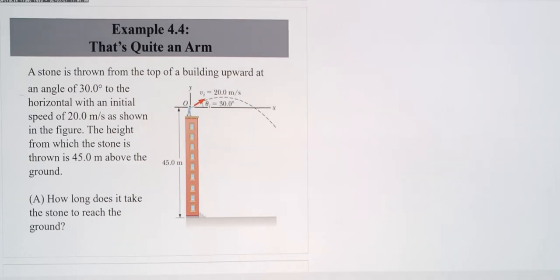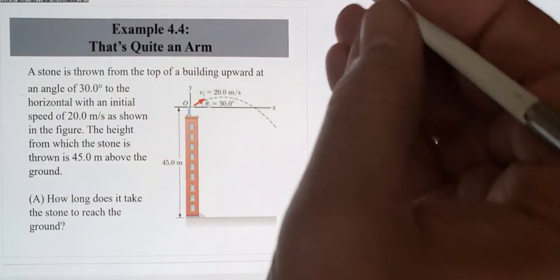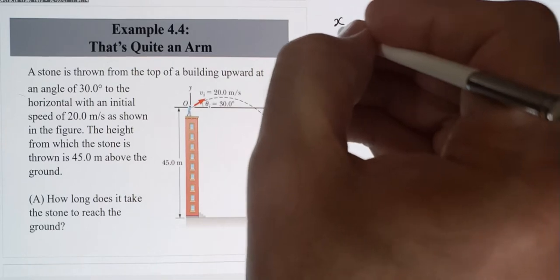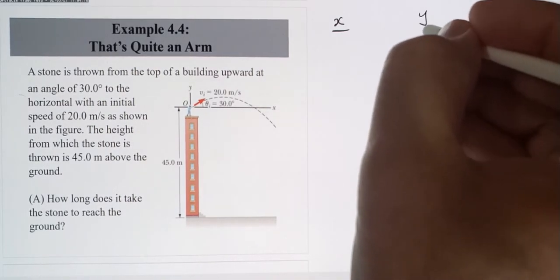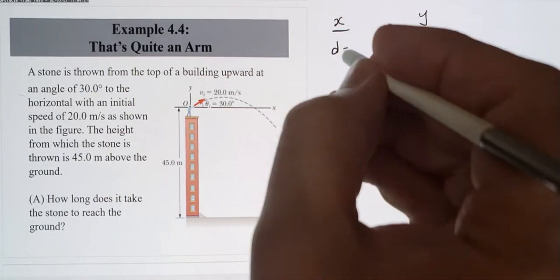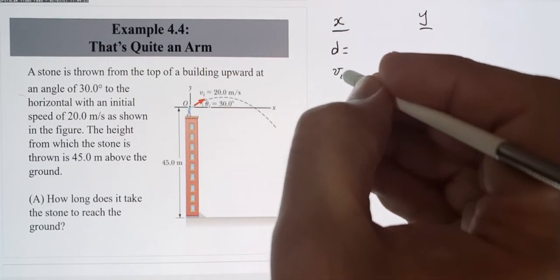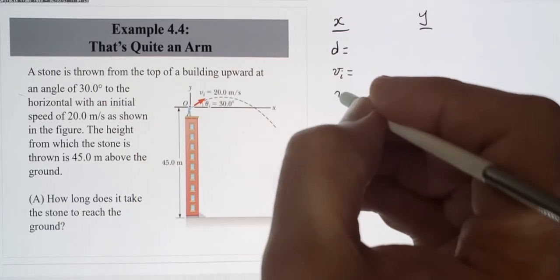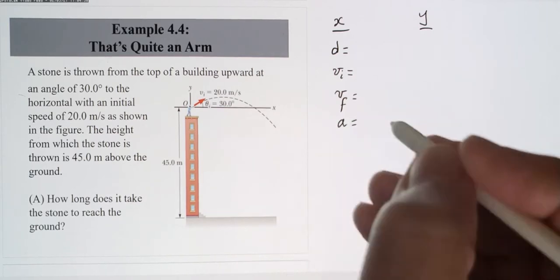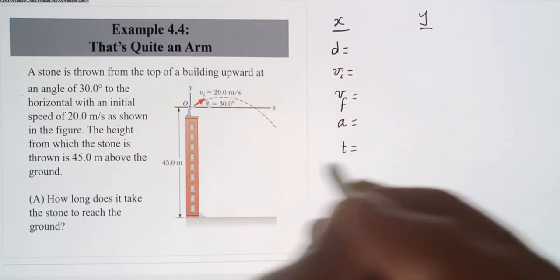So, first of all, it's a projectile problem. So, we have equations in the x, and we have equations in the y. So, we look for the distance in the x, v initial in the x, v final in the x, what is the acceleration in the x, and what is the time in the x.